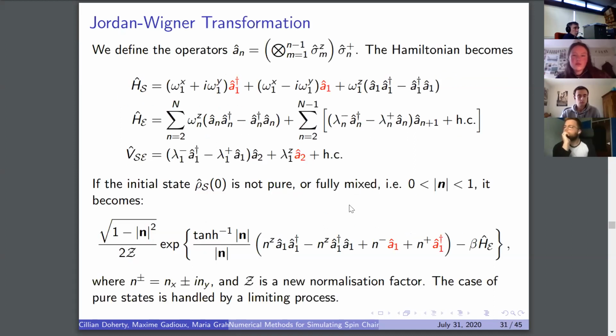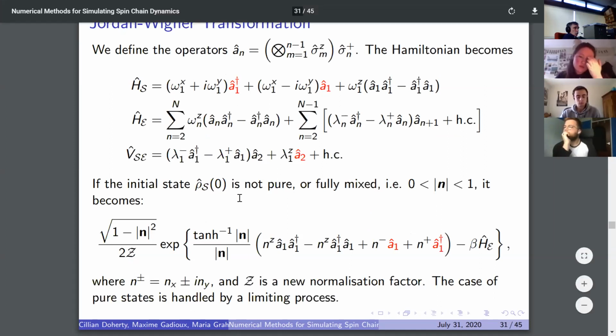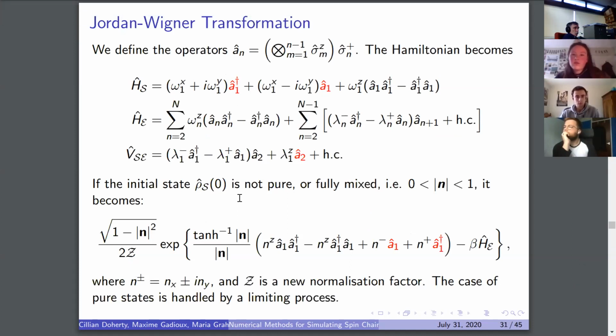So we'll have a quadratic Hamiltonian, and we'll have a Gaussian state, again, as long as this isn't pure. And so now we're in a position to use all the tricks I described earlier with the Gaussian systems.